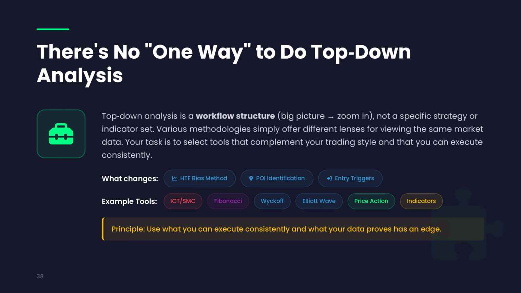Each of these methods is a legitimate avenue to organize your top-down analysis. Each could be profitable when wielded by a trader who has meticulously tested it. But here's the paramount principle to keep in mind. Utilize what you can consistently execute and what your data substantiates as having an edge.